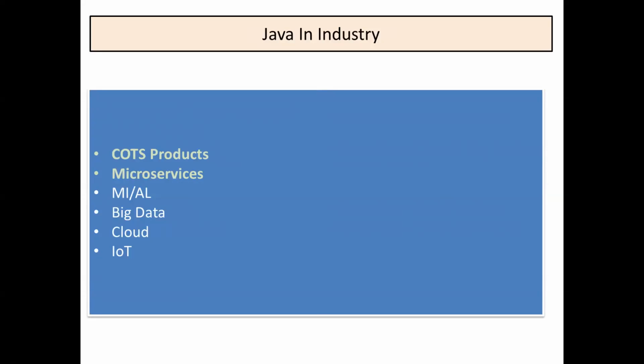So all the layers have been added year on year to the Java version. Currently, Java is used in almost all the areas, whether it is a COTS product, which stands for commercial off the shelf product.